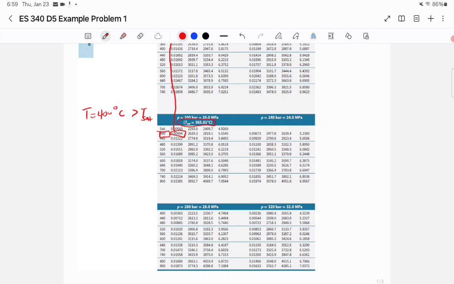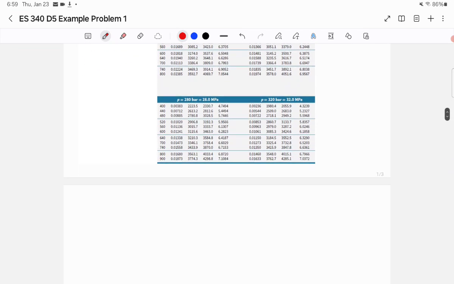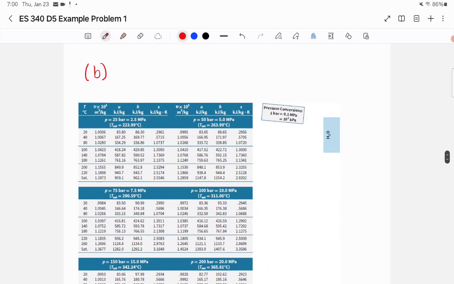In the compressed liquid. Because of how much lower it is than the saturation temperature, which was 366 Celsius. So it's much lower than that. So for part B, I actually grabbed the compressed liquid table, table A5.